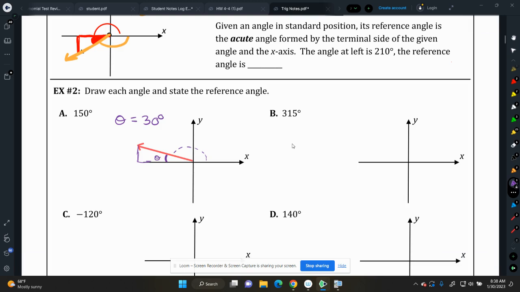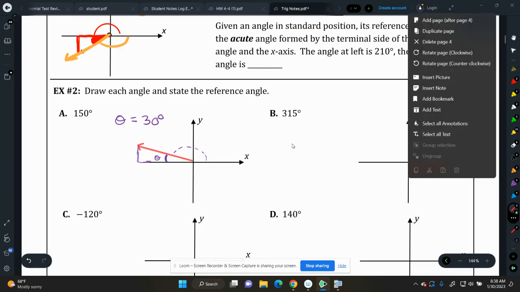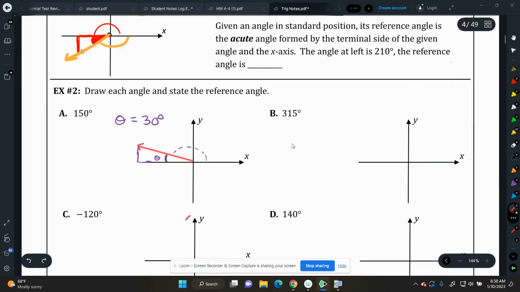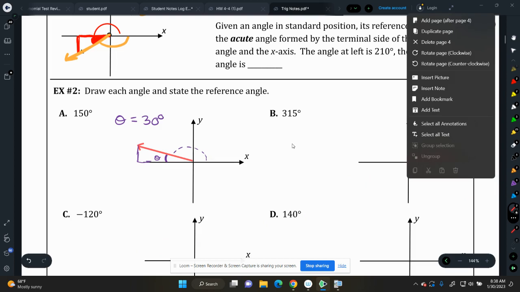Okay, take a moment to do letter B. Draw the terminal side and then state the reference angle. Okay, so my terminal side is right here.